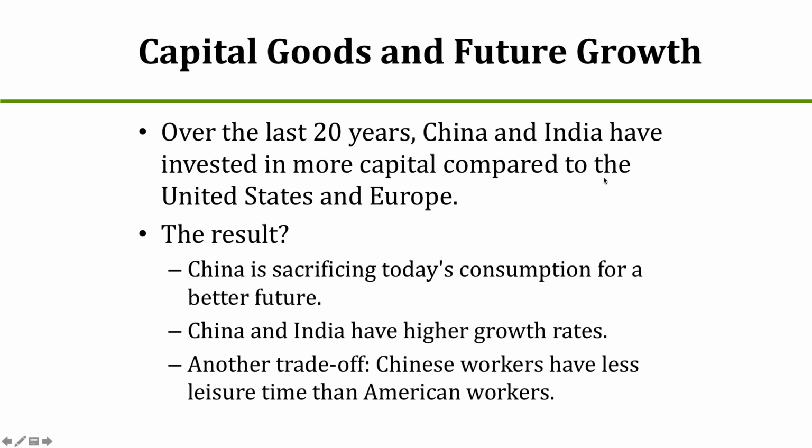And another trade-off is here, that's important, that's why I want to explain a little bit more. Chinese workers have less leisure time than American workers. So since Chinese workers are working a lot, consuming less, they don't have time. They are working all the time, all day maybe.